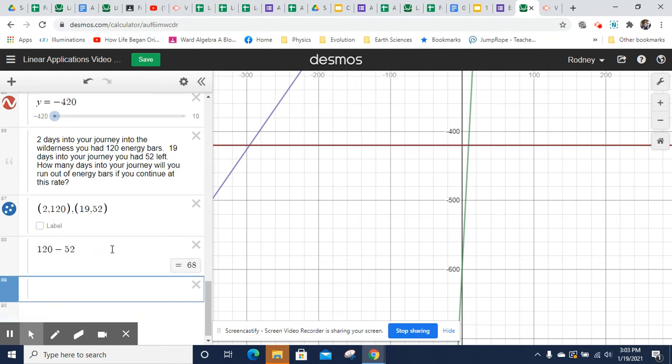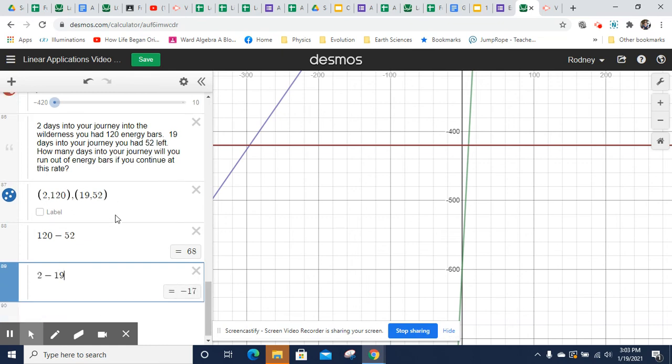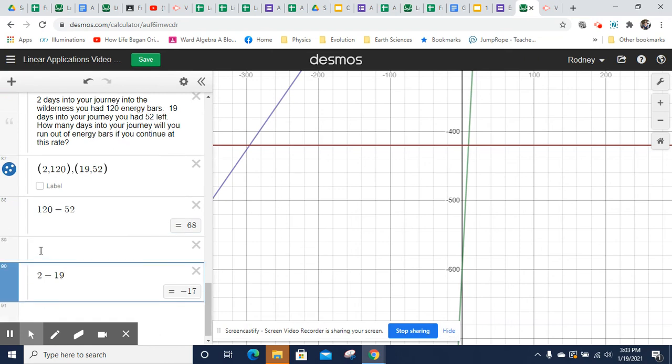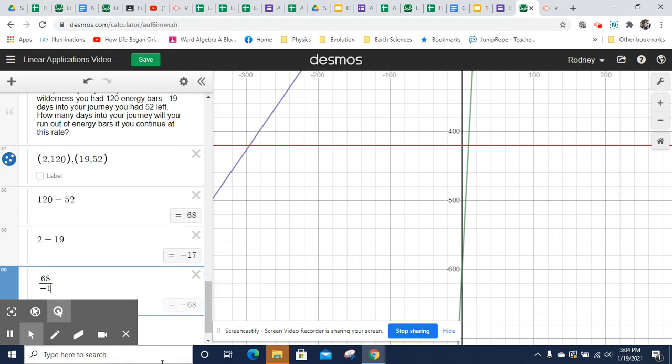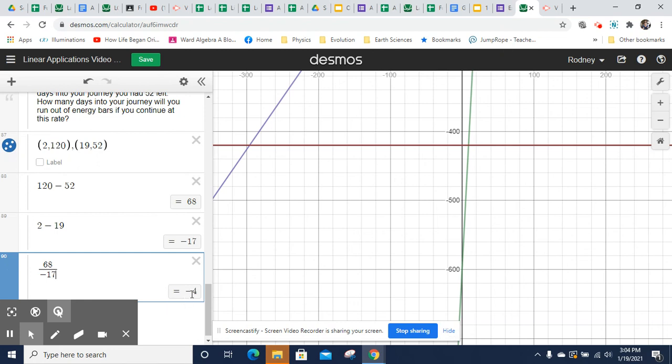And since I started with 120 minus 52, I got to do 2 minus 19. 2 minus 19, that's negative 17. So I'm going to do 68 divided by negative 17, which is going to be my slope. My slope is negative 4.